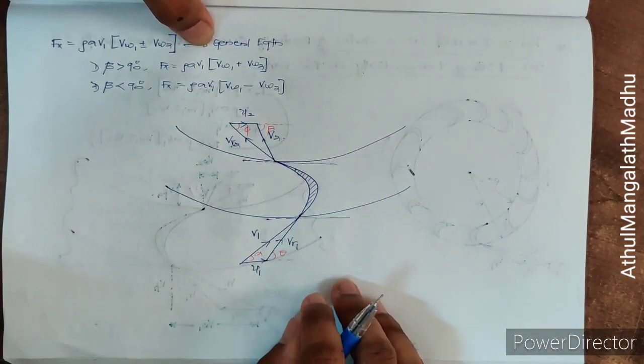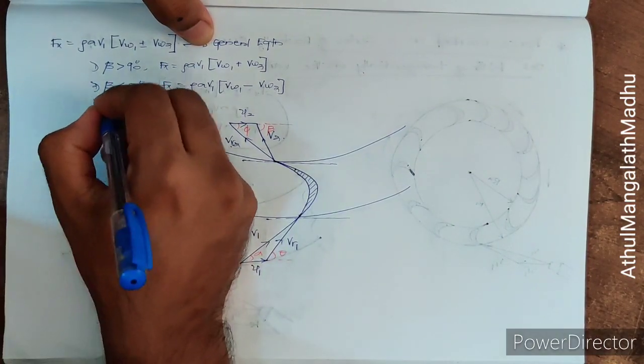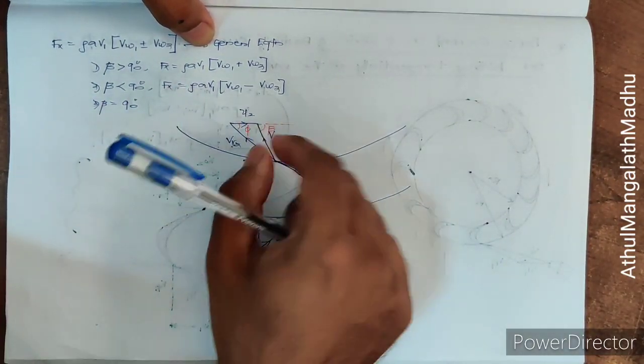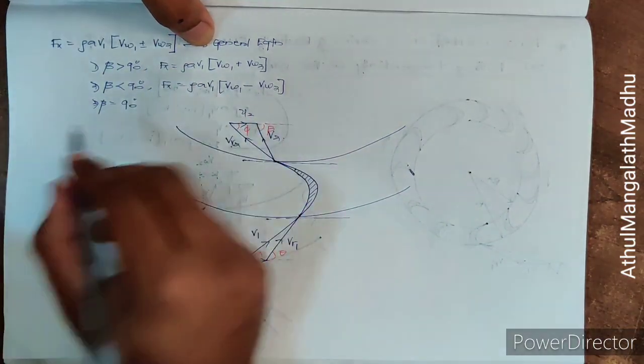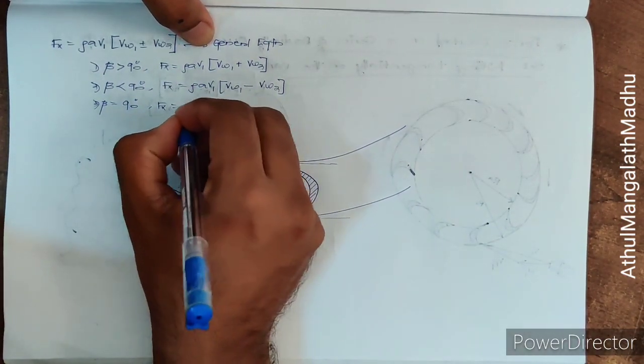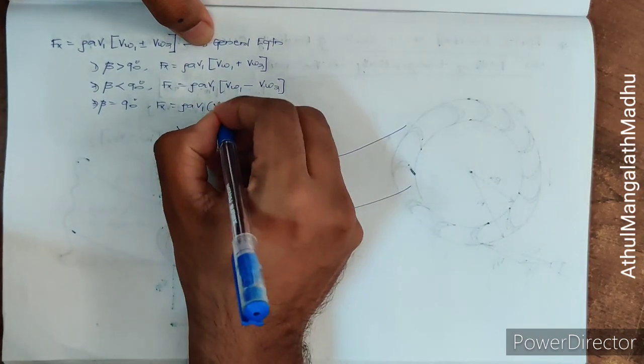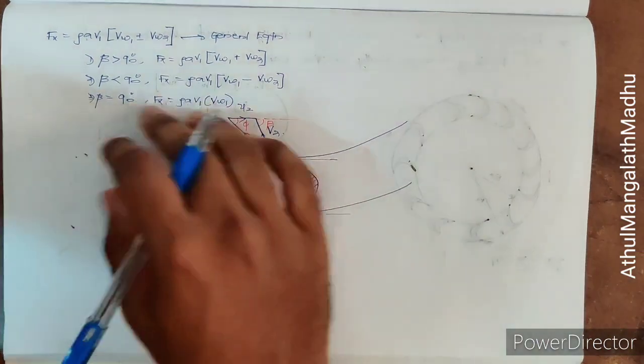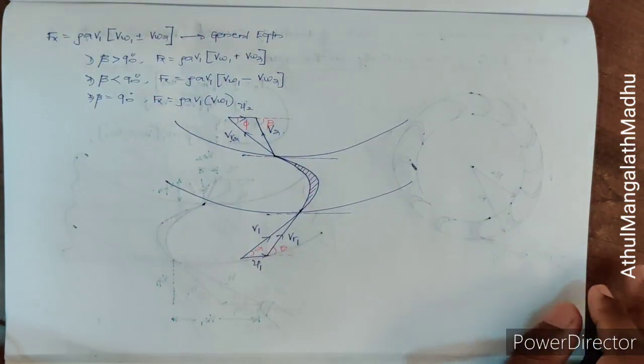And third, when beta is equal to 90 degrees, perfectly 90 degrees, you won't have that vw2, so you can write Fx is equal to rho a v1 multiplied by vw1. These are the different forms of the equation, and this is the most general equation that you will be writing.